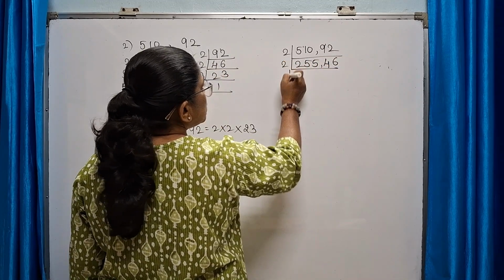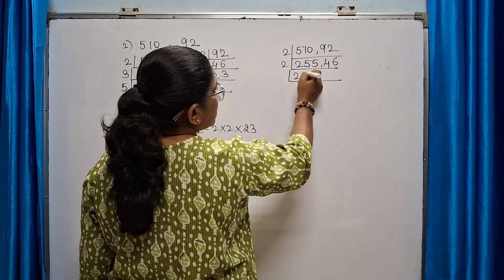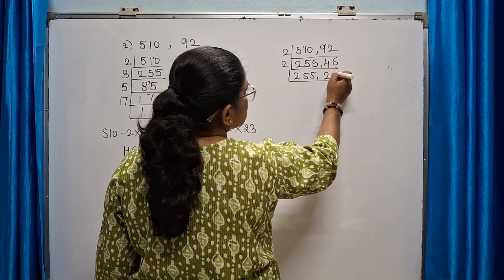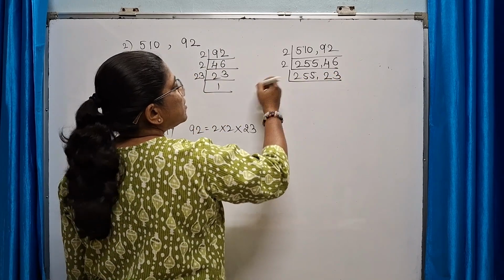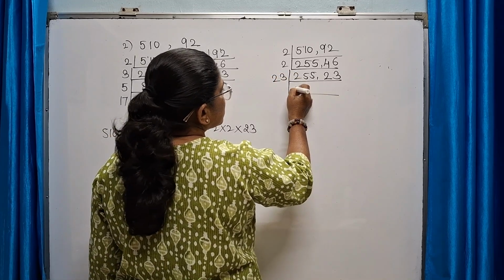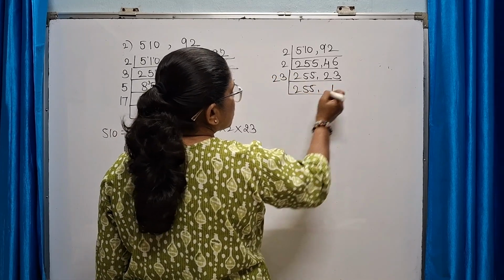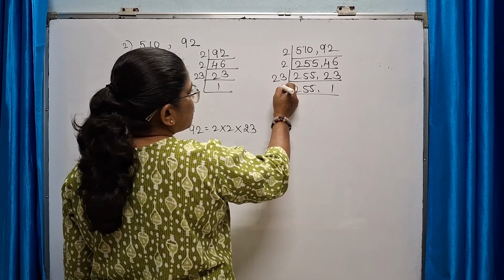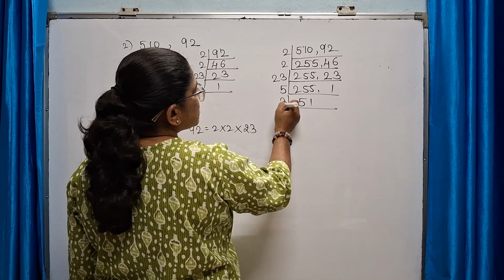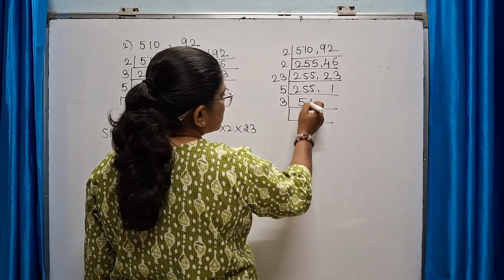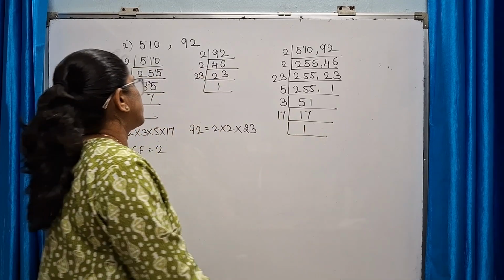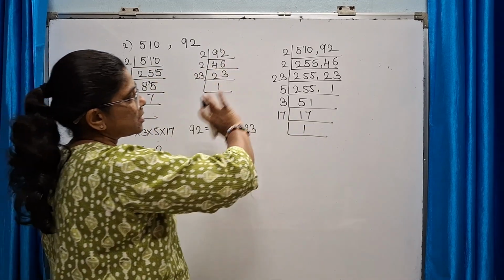Again we take 2. 255 is not divisible by 2, so write it as it is. 2 23s are 46. We complete this division with 23. Then let's take 3 and 5: 5 51s, 3 17s, and 17 1s. Now this is factorized.